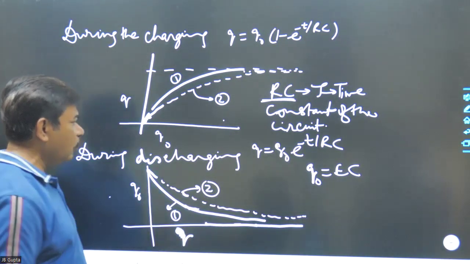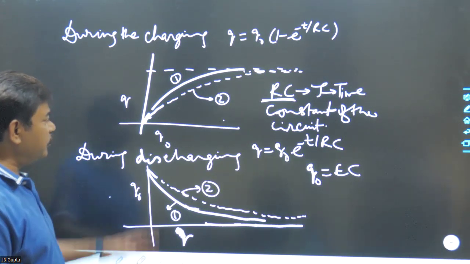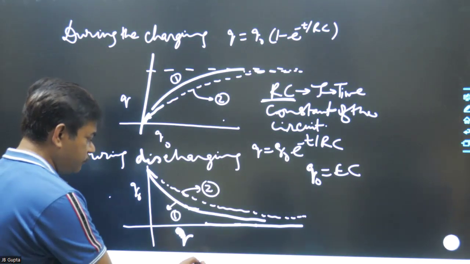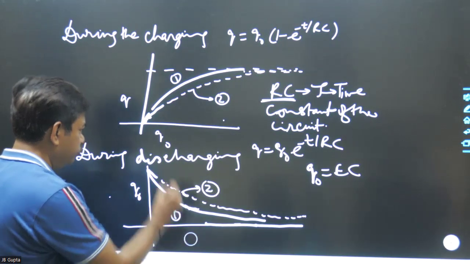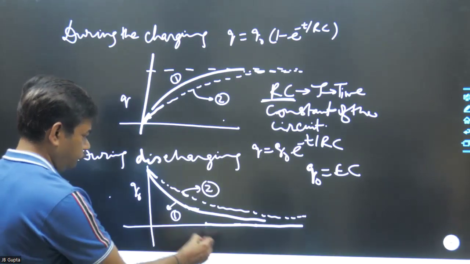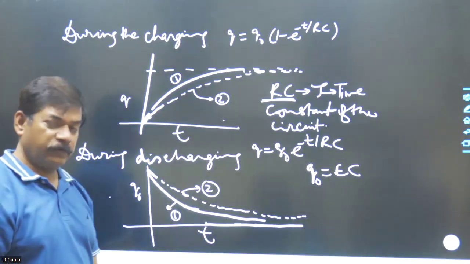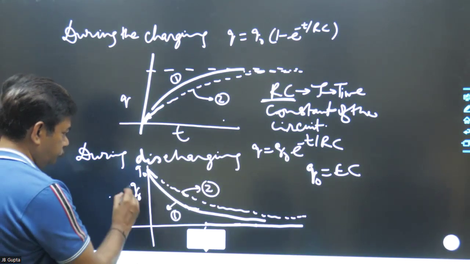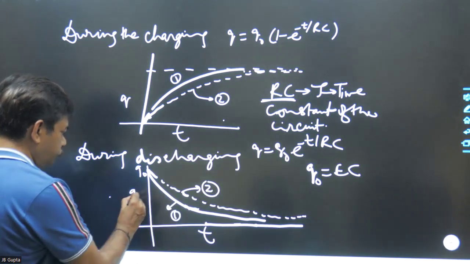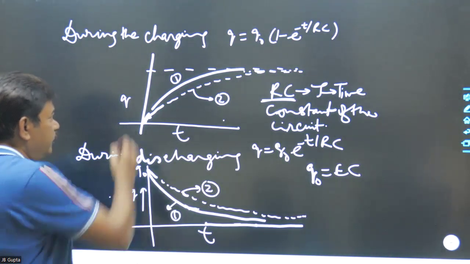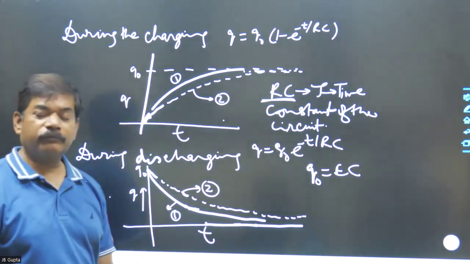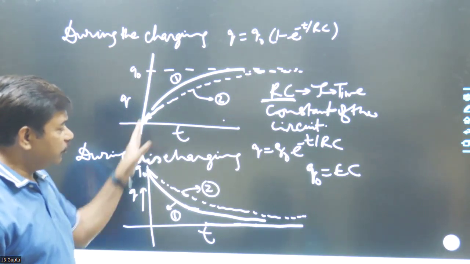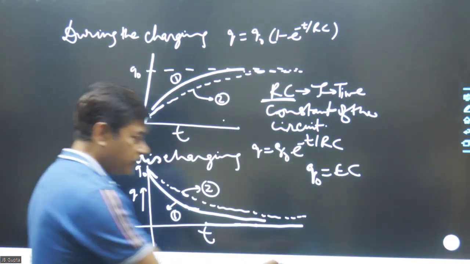That was Q naught in both the cases. तो हमने यहाँ पे जीरो से स्टार्ट किया, ये टाइम था, ये शॉर्ट टाइम, is that clear? मैक्सिमम चार्ज जो था it was Q naught, दिस Q, है ना? यहाँ पे मैक्सिमम चार्ज was Q naught, this clear? So आप लोग जब चार्जिंग या डिस्चार्जिंग धीरे धीरे होगी तो it will take more time.